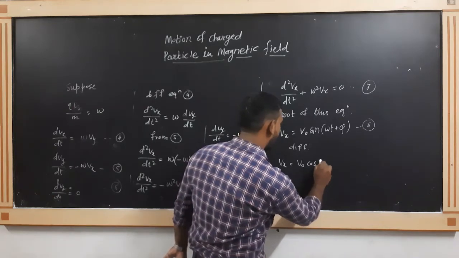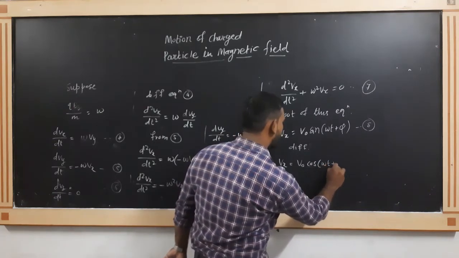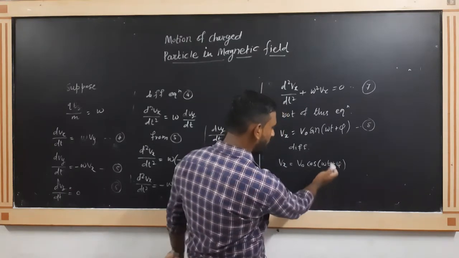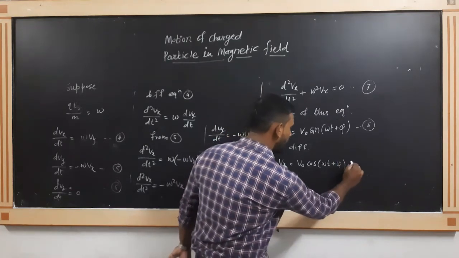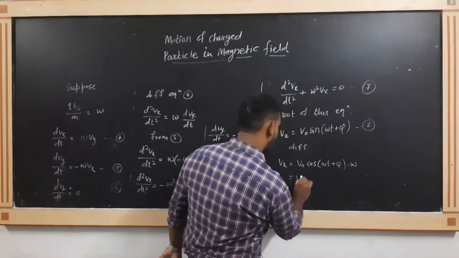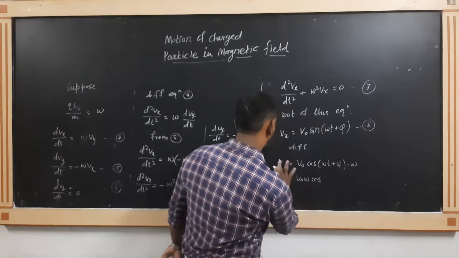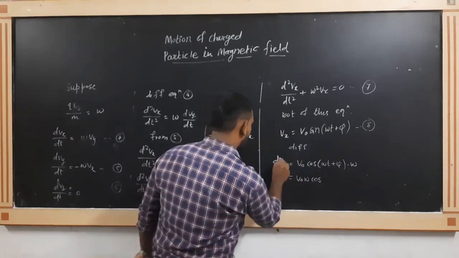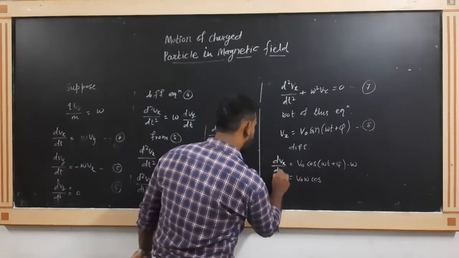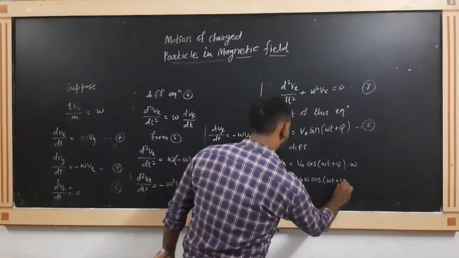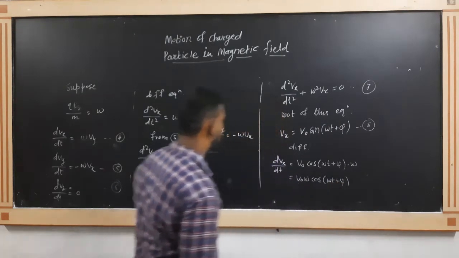Cos of omega t plus phi, times the derivative of the innermost term, which is omega. So dvx by dt is v0 omega cos of omega t plus phi.